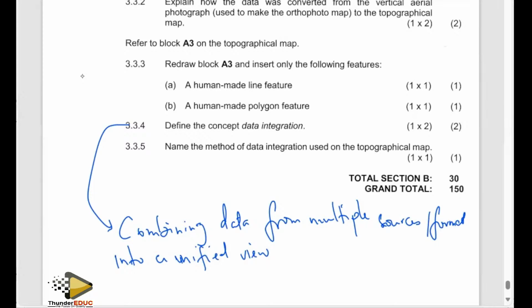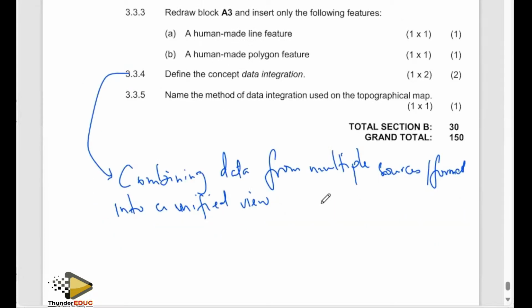Combining data from multiple sources or formats into a unified view. We're bringing different forms of data to combine it into one view. That is data integration. We're bringing different sets of data together so that we have a unified view. We want the data to be viewed as one unit. So we bring the different sets of data and reference it geographically, and we see the relationship in one unified view. That is data integration.